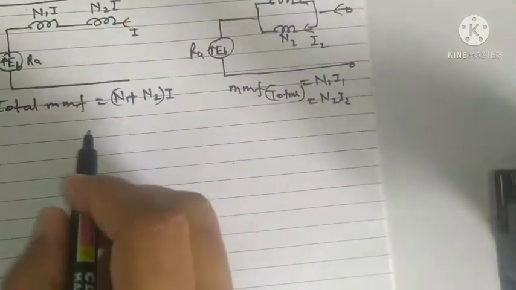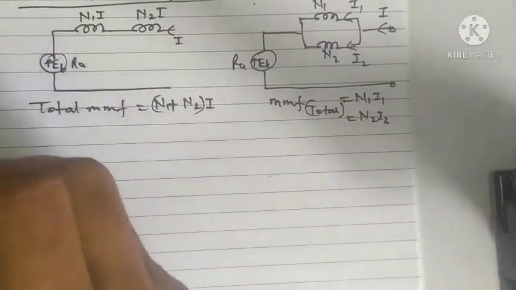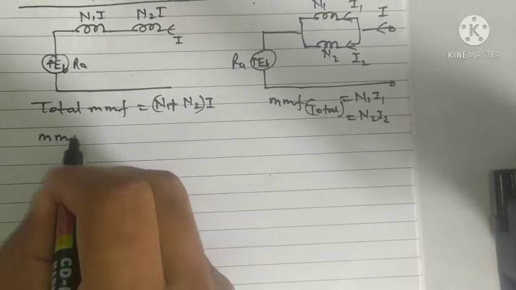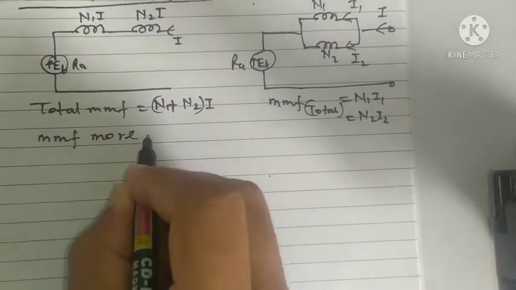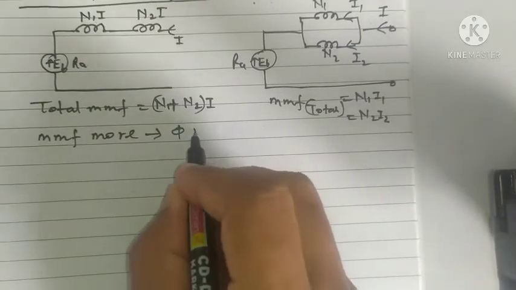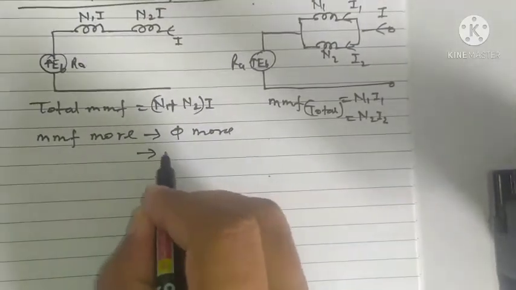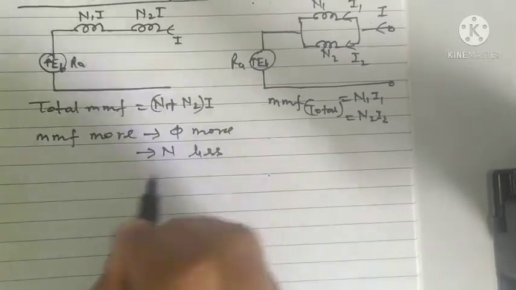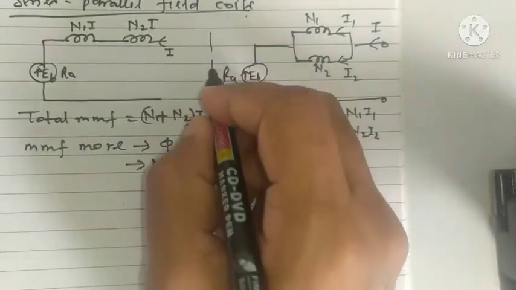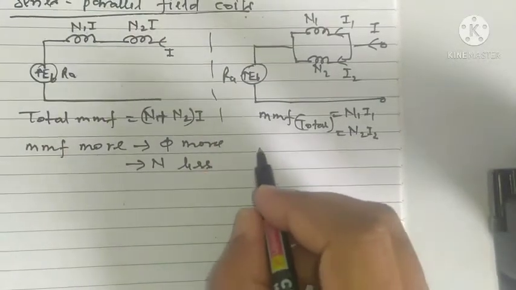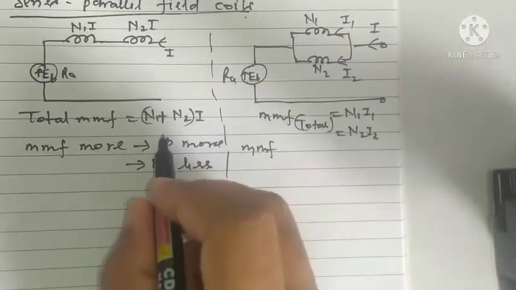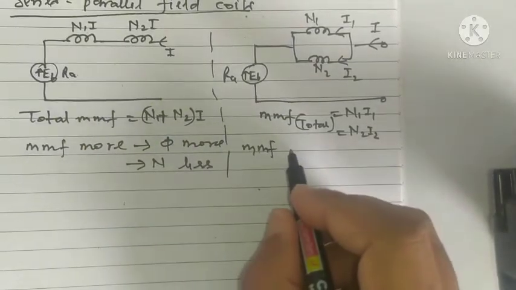So in series connection, MMF is more, therefore flux is more, therefore speed is less. And in parallel connection, MMF is less than in series connection.